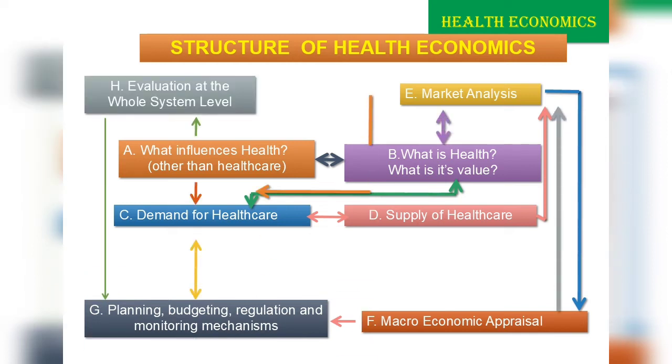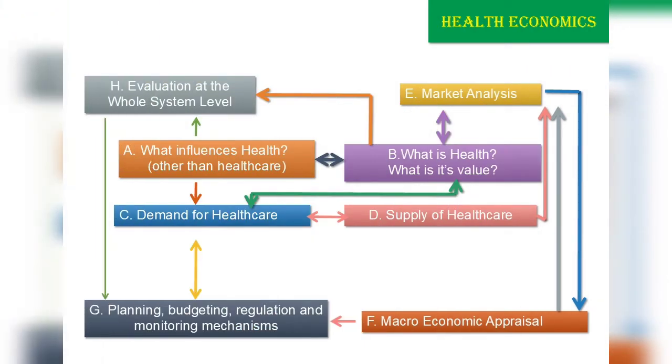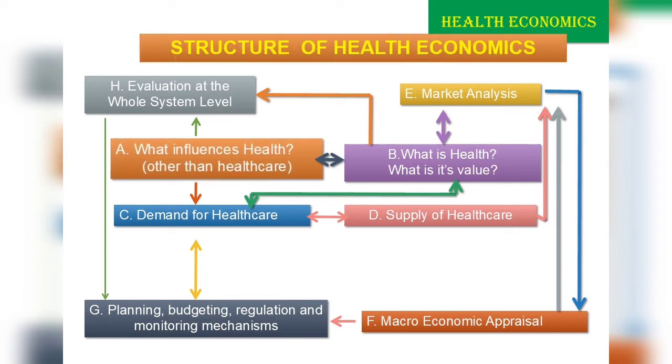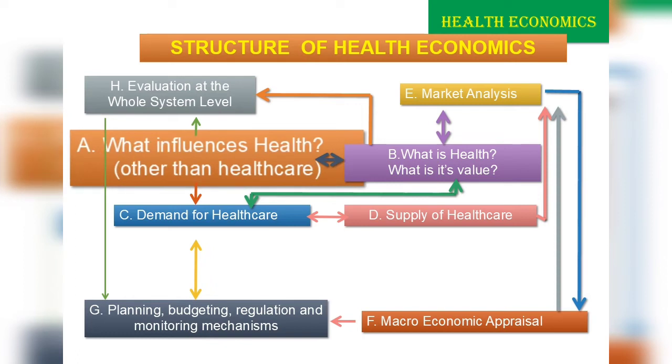He divided the health economics discipline into topics. The first concept is what influences health, other than healthcare: genetics, occupational hazard, consumption pattern, education, income, and family background. These are the influencing factors of health.